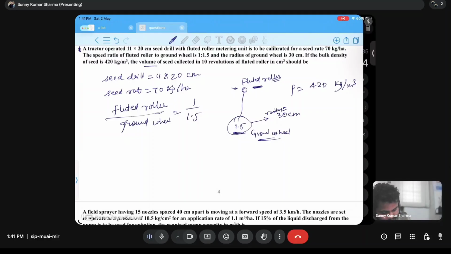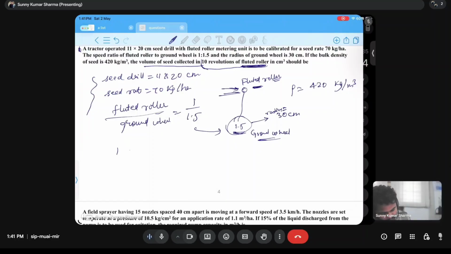You need to focus on what it is asking: in 10 revolution of fluted roller, what is the volume of seed being collected? Whatever calculation we do will be for the ground wheel side. So for 10 revolution of fluted roller, how much revolution will the ground wheel make?